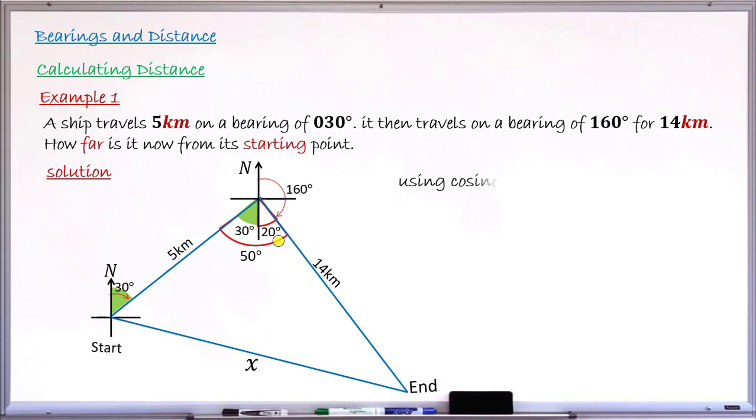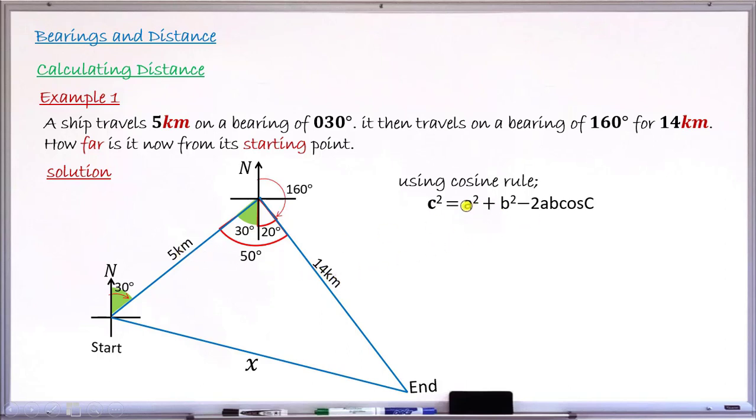So I selected the cosine rule. The cosine rule, remember, says c squared equals a squared plus b squared minus 2ab cos of angle at C. So my C is the side that I wanted to find, which I lettered X, and my A and B will be 5 and 14 kilometers.